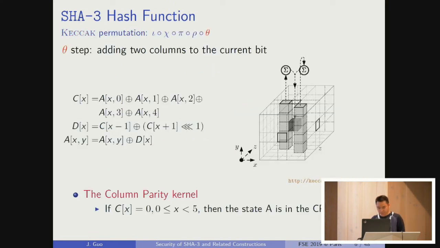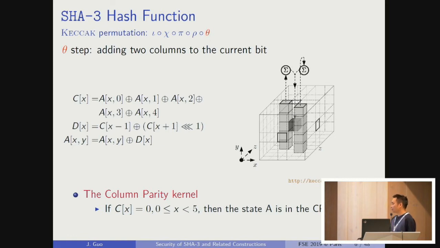Theta is a diffusion layer, adding 2 columns into the current state, meaning that to update these bits, what we do is to calculate the sum of the 2 neighboring columns. This column is one slice before the current bit, and this column is next to the bit. You sum these 2 columns together and add this sum into the current state.